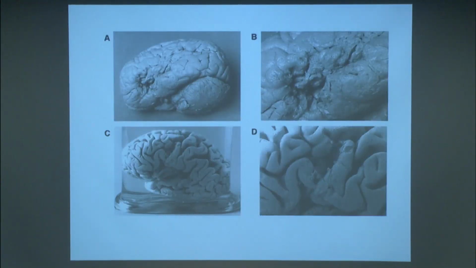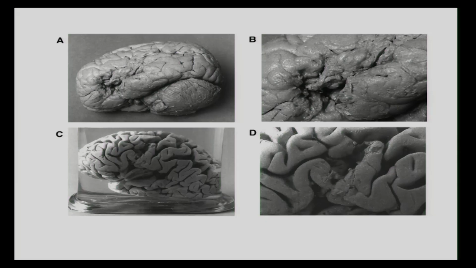So from these 2 striking patients, Broca identified an area that seemed to be important for spoken word and language production, and he named it, of course, Broca's area. It was his area.